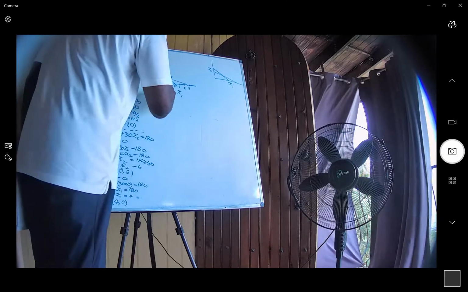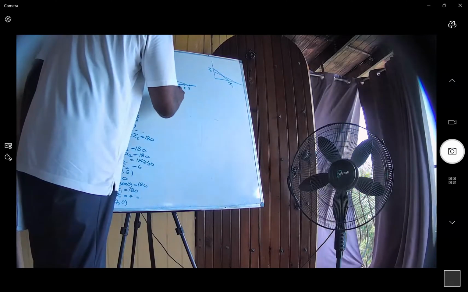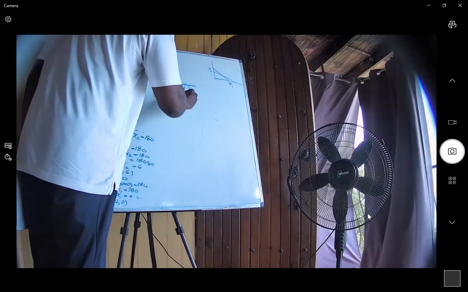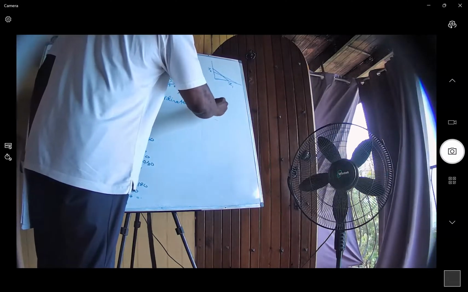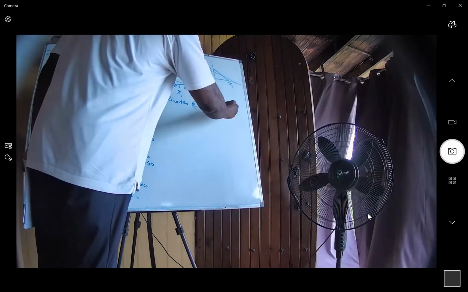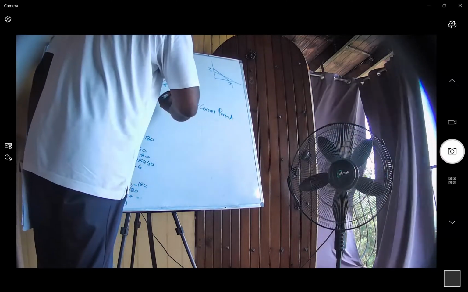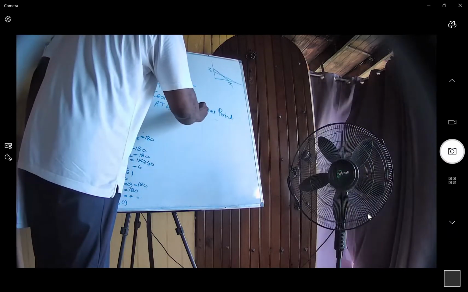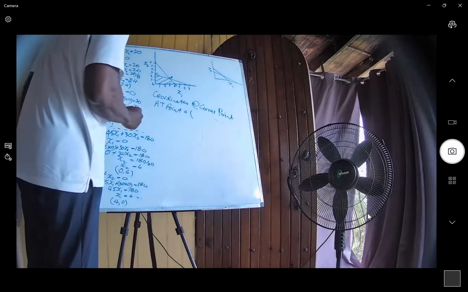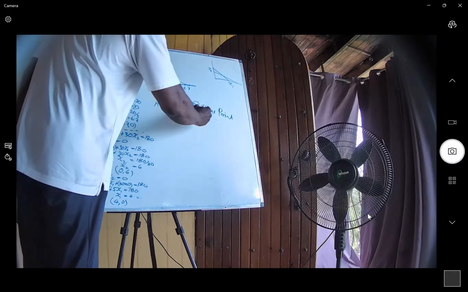I write my coordinates at my corner points. So at point A, what's my coordinate? It's going to be 0, okay.